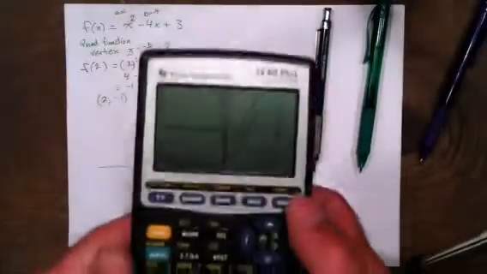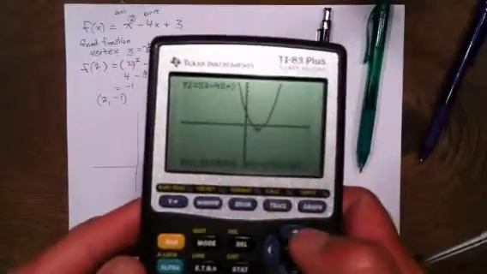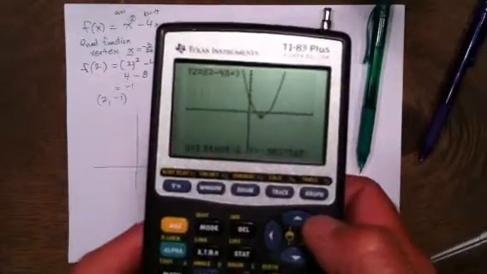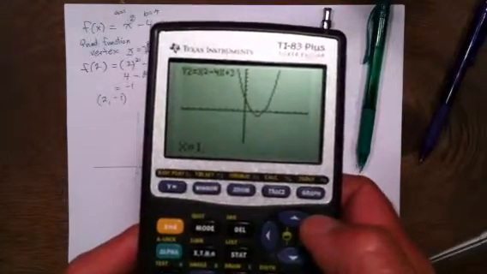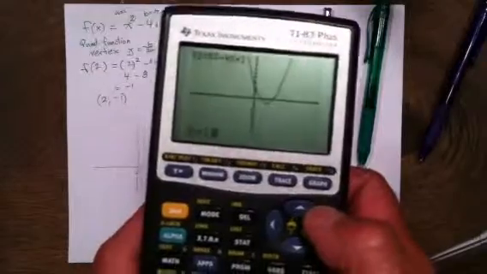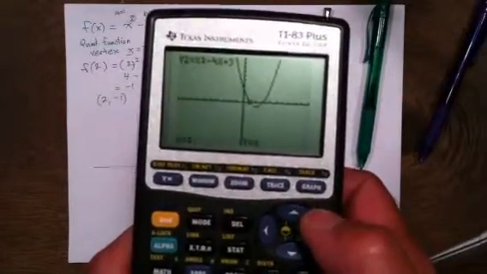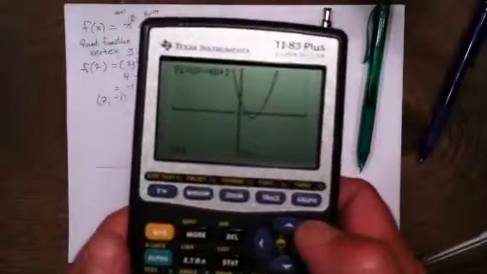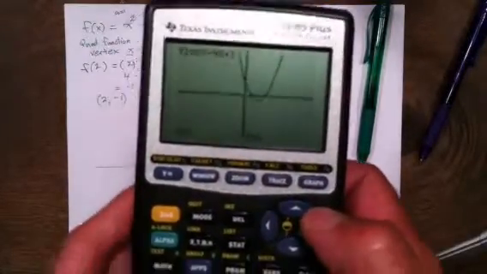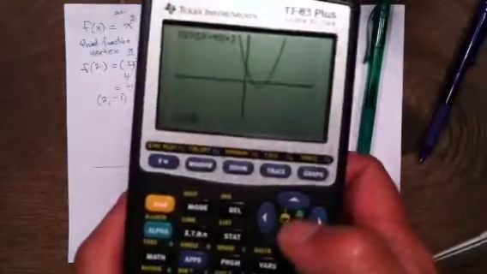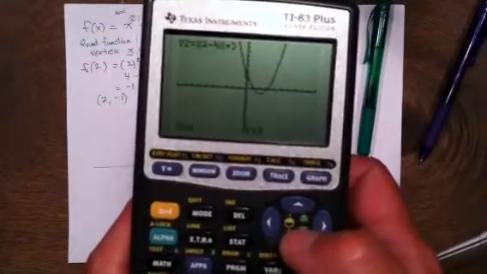One way I can do that is if I get into trace mode, I can just say, well, what if I type 1? When I type 1 in trace mode, it says, oh, you mean x is 1? If I hit enter, the calculator says, oh, okay, well then y is 0. So I know I have the point (1, 0). And I could say, well, what if x is 0, enter, y is 3.